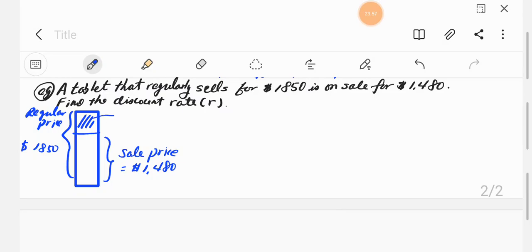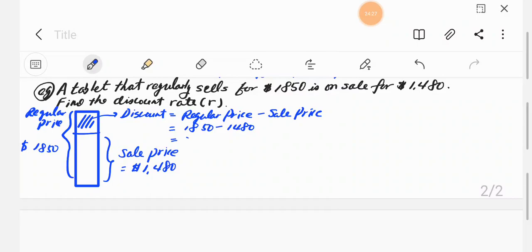Okay, then what is the discount amount? The discount is the regular price minus the sale price, right? So that equals 1,850 minus 1,480. Then this is 370, right?